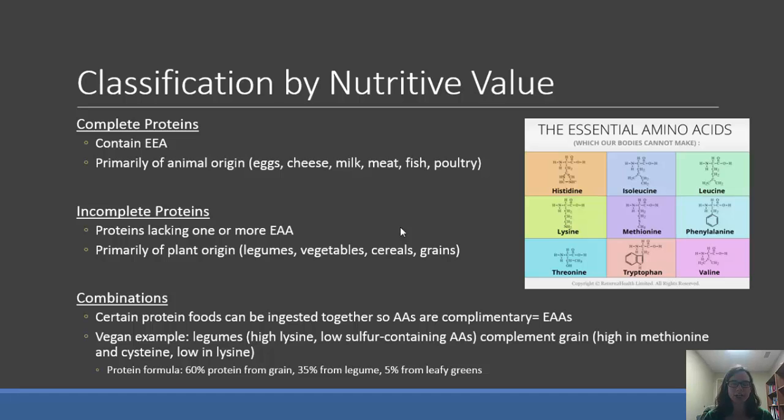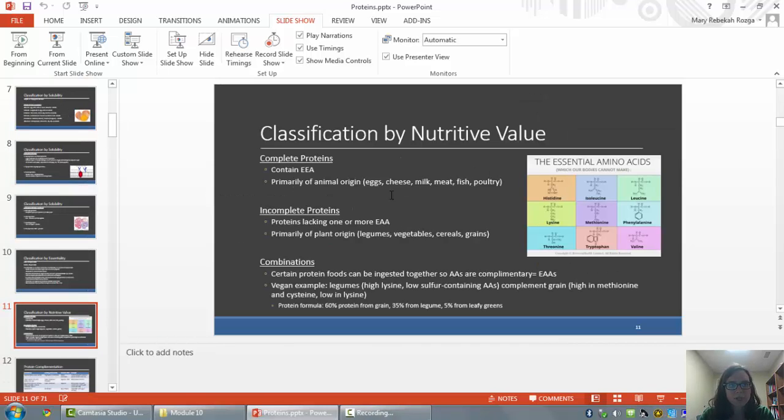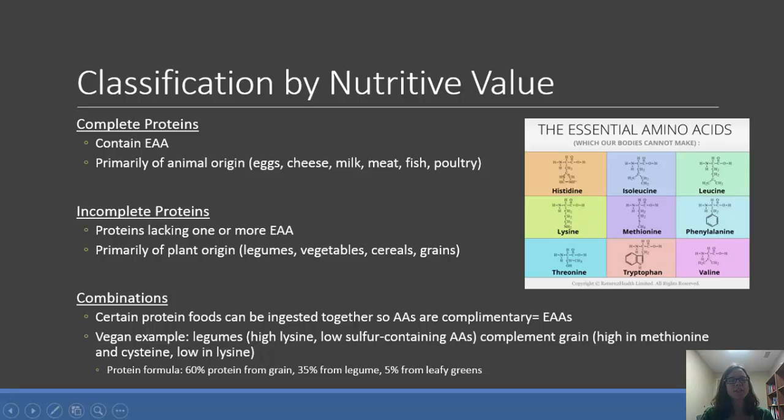Another classification that we're probably all familiar with is classification by nutritive value. So does the protein food contain all of the essential amino acids that we need? Excuse me, this should be essential amino acids. Does the food contain all of the essential amino acids that we need, or is it missing some?